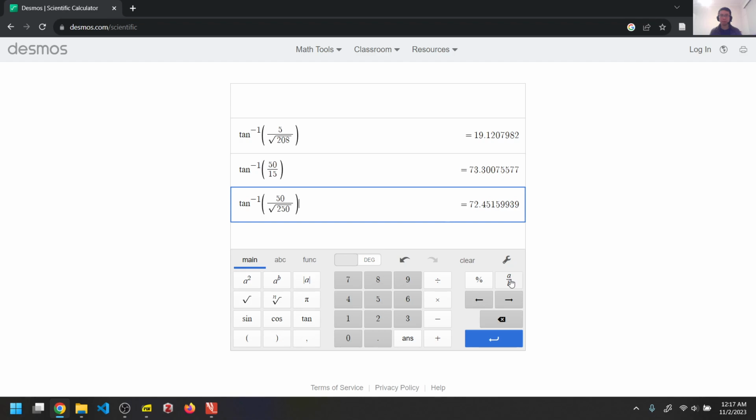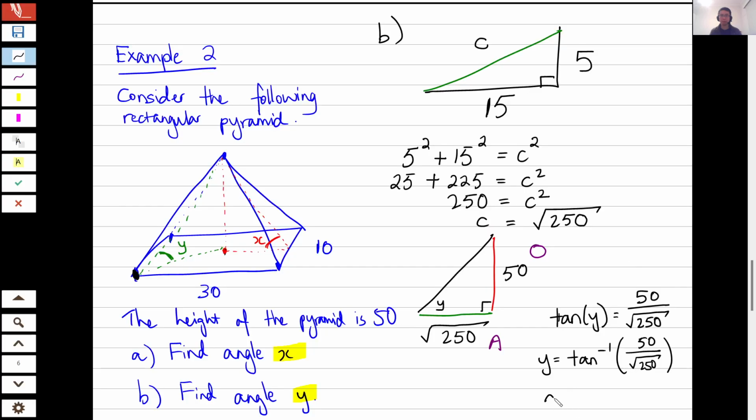And the angle we get this time, rounded to 1 decimal place, is 72.5. And I'm rounding up because if the next digit is 5 or larger, I round up. So 72.5 degrees. Correct to 1 decimal place.